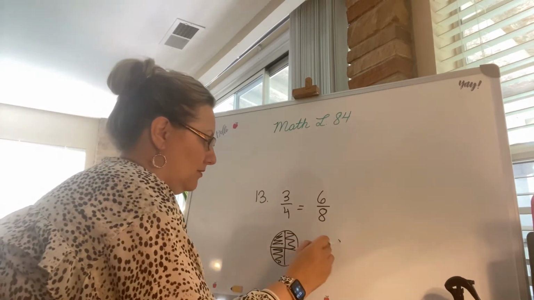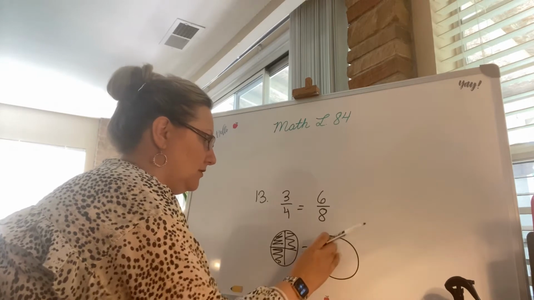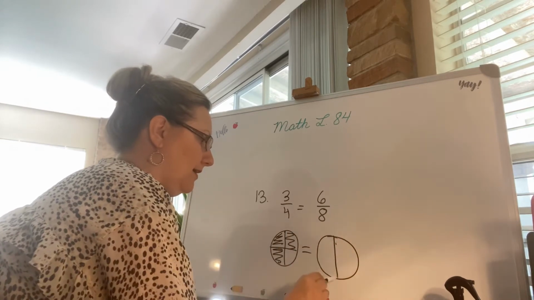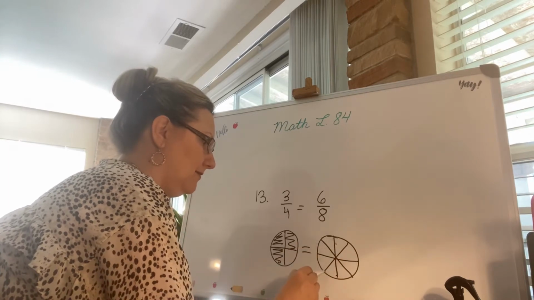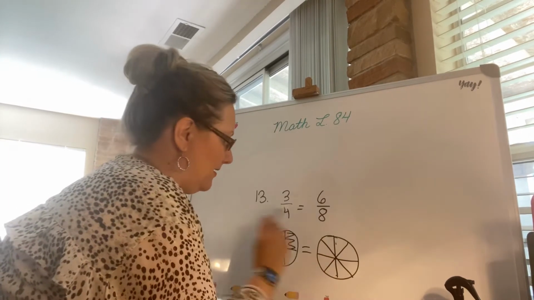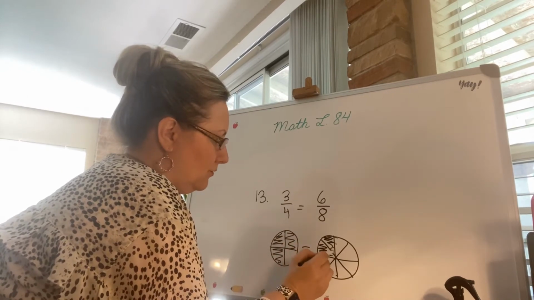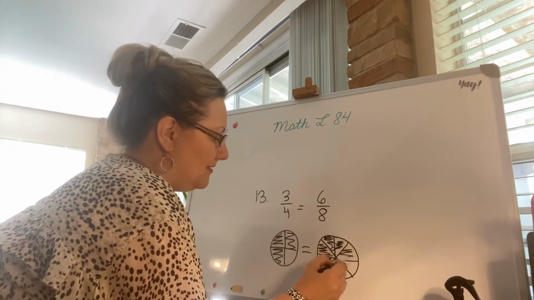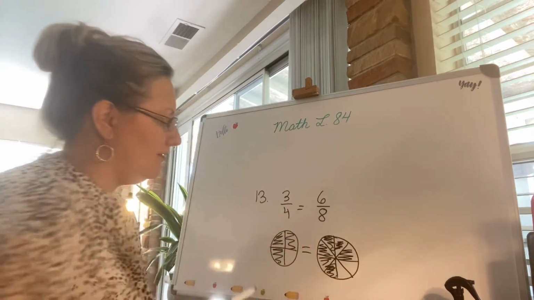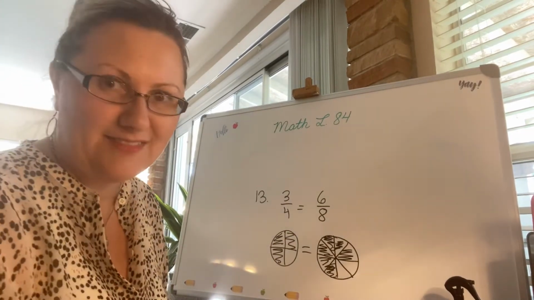Is that equal to 6 out of 8? Well, since 8 is just a double of the 4, I can divide it into 4 and divide it again. So now I have 8 pieces, and I want to shade the same areas. So 1, 2, 3, 4, 5, and 6. If you take a look, 3/4 is exactly the same as 6/8.